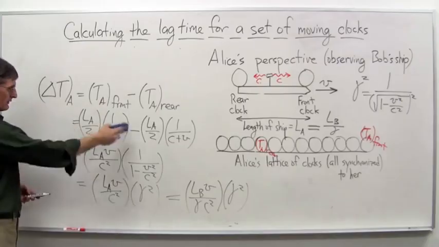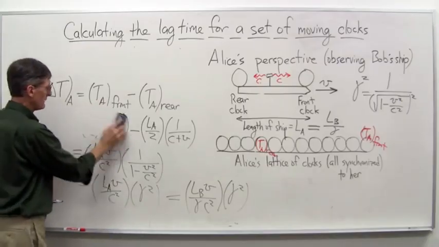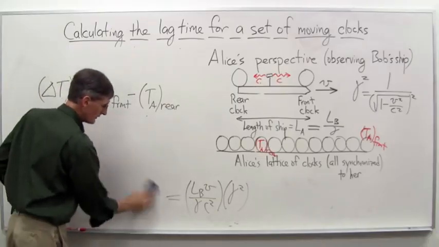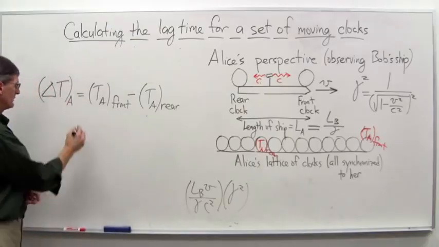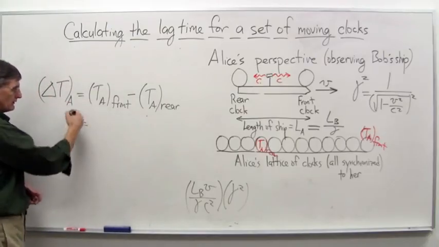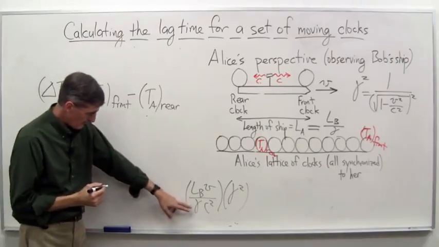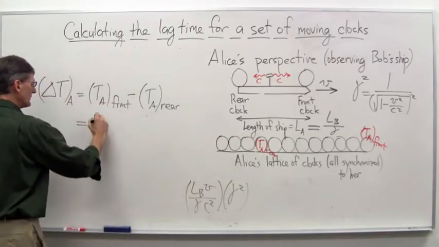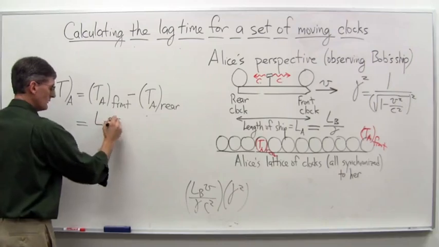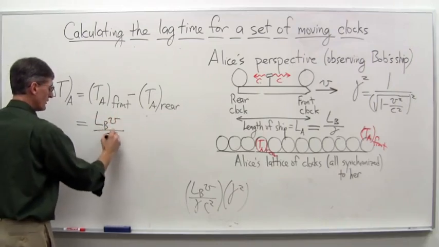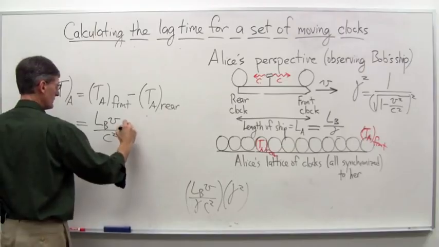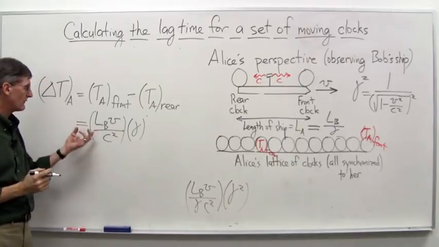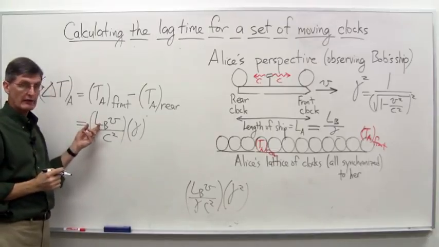Okay, so we did all the arithmetic here, so we'll keep the basic formula we want. Let's bring it up a little bit so we can see it better. So we have found now that this equals, and now we can cancel one of the gammas. We've got a gamma in the denominator, a gamma up there, so we get L_B v over c squared and a gamma involved here. So put the gamma out there. Okay, so now we have it in terms of Bob's length.